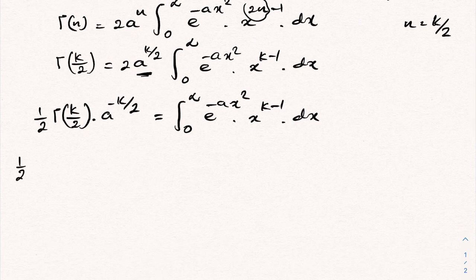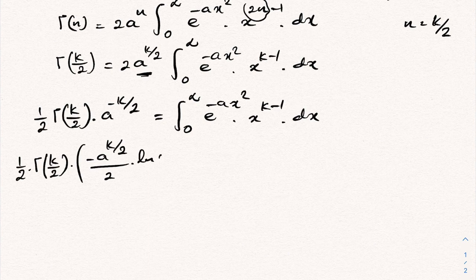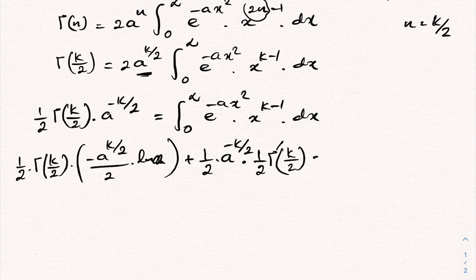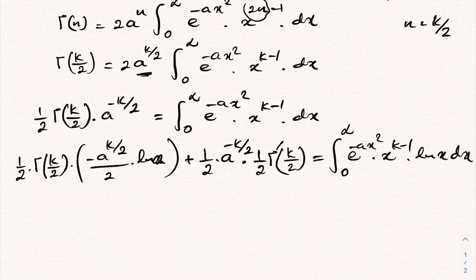So here 1/2 gamma of k over 2, because we are going to apply the product rule, then the derivative of a to the minus k over 2 we know is minus a to the minus k over 2 over 2 times natural log of a, then plus 1/2 a to the minus k over 2 times the derivative of gamma of k over 2, which we know is 1/2 gamma dash of k over 2, and this is equal to integral from 0 to infinity e to the minus a x square times x to the k minus 1 times natural log of x dx.